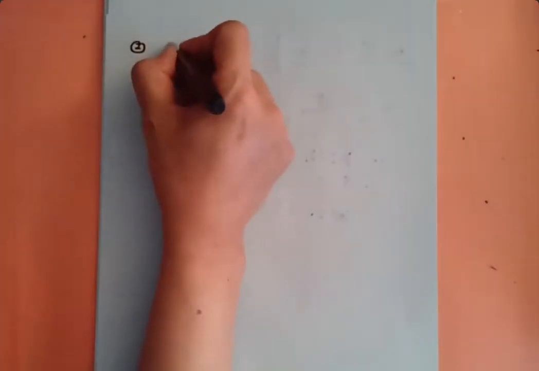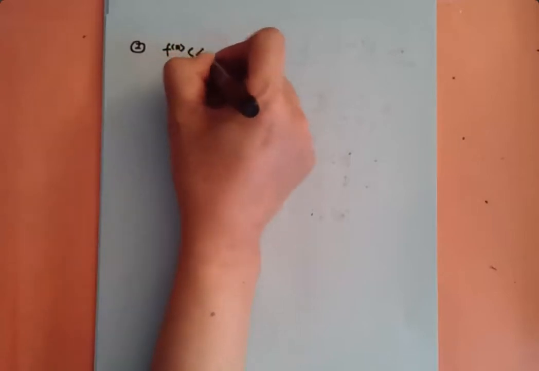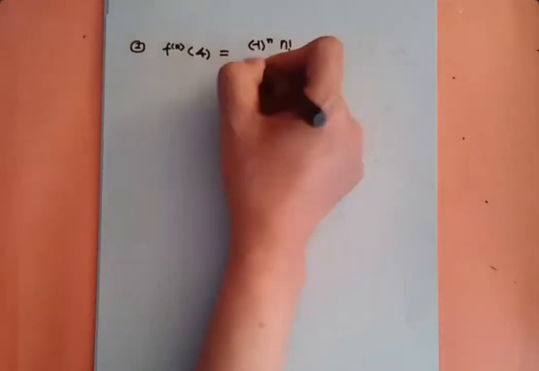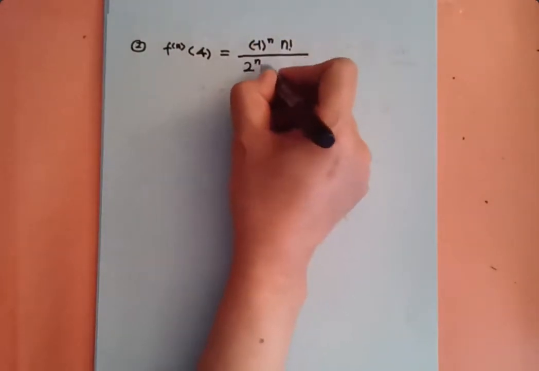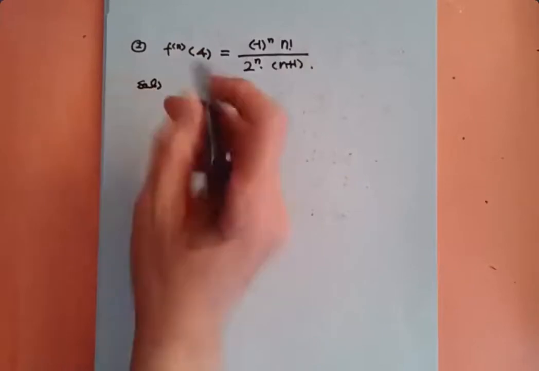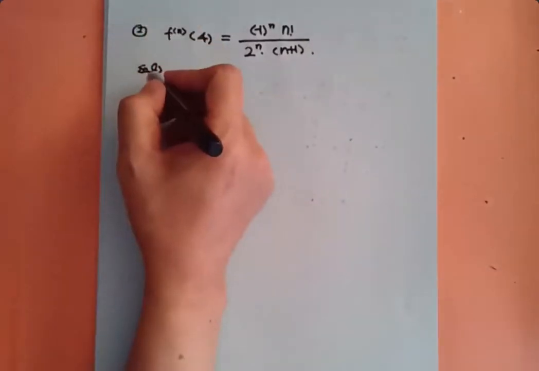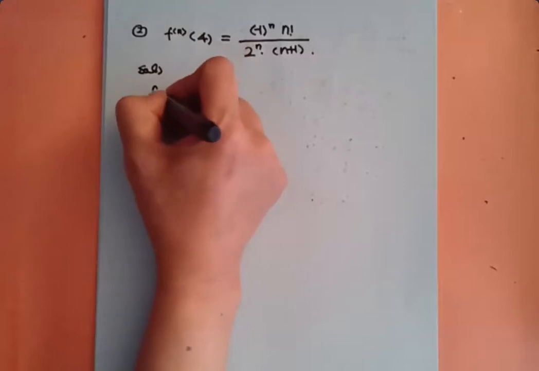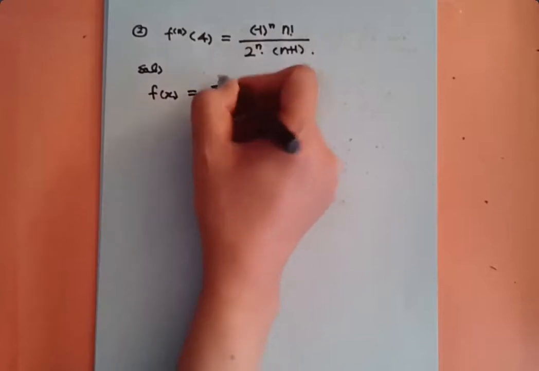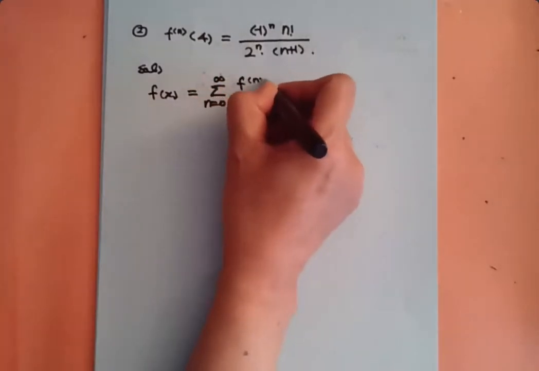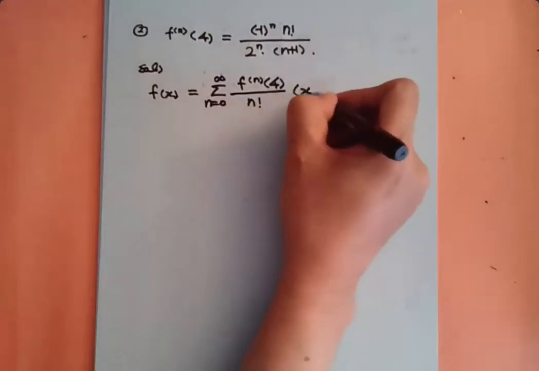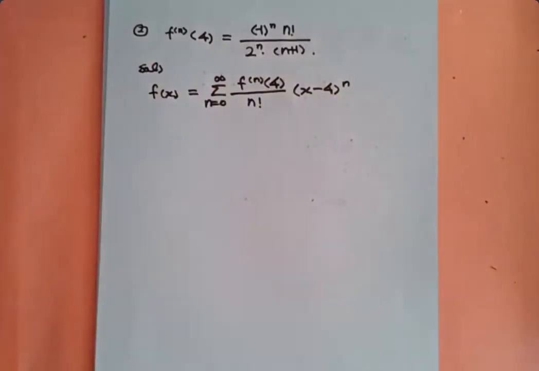The next one is the nth derivative of f at 4 equals -1 to the n power times n factorial over 2 to the n power times n plus 1. So f of x equals summation n equals 0 to infinity of the nth derivative of f at 4 over n factorial times x minus 4 to the n power.